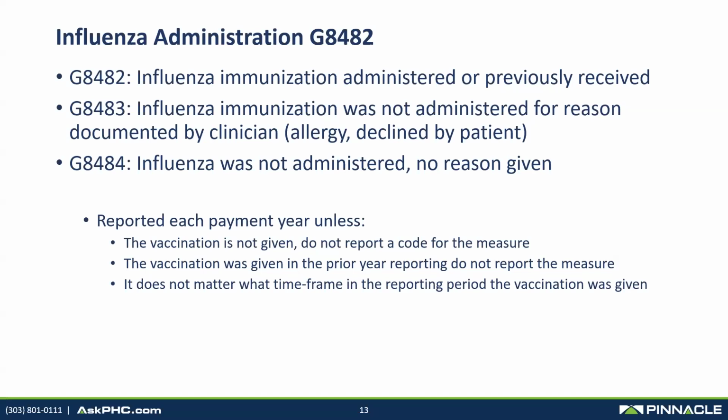They're always going to be within the following reporting year. So as long as you can document that the patient previously received it in the previous reporting year, you're still meeting the requirements of the G8482. Great, thank you. You are very welcome.